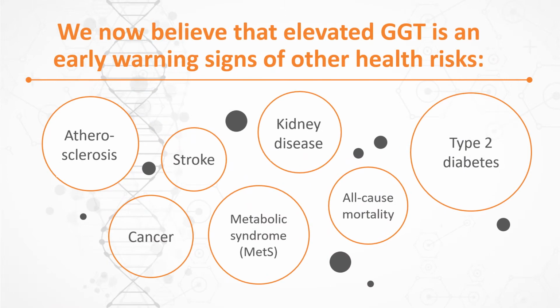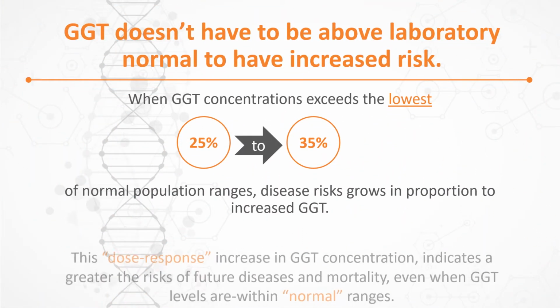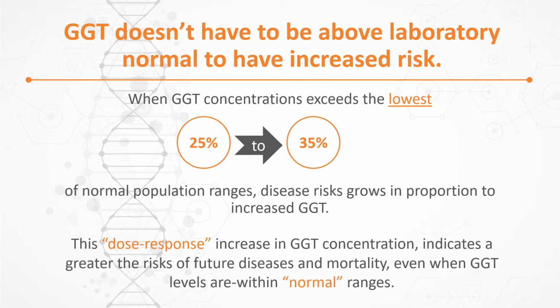We now believe that GGT is an early warning sign of other health risks: atherosclerosis, cerebrovascular accidents, type 2 diabetes, end-stage renal disease, cancer, metabolic syndrome, and most importantly, all-cause mortality. GGT does not have to be above laboratory normal to have an increased risk.